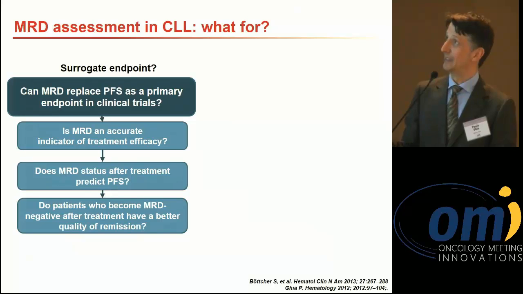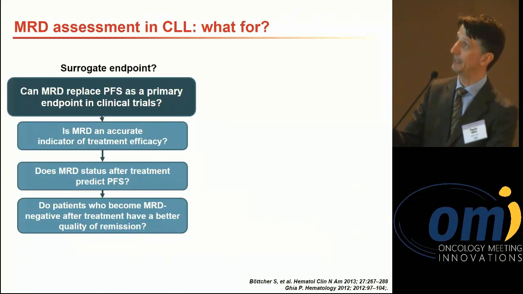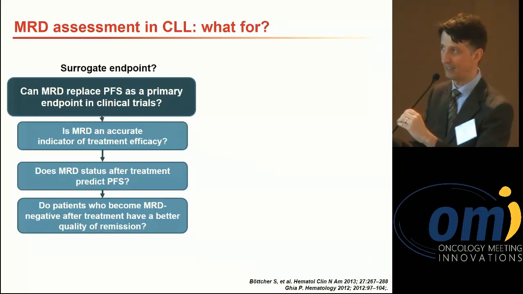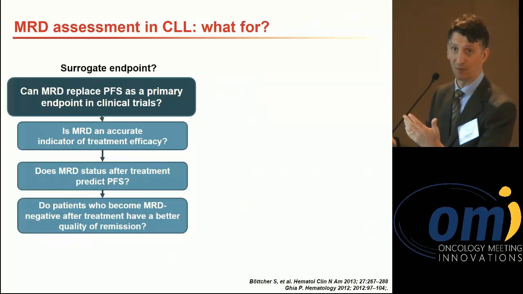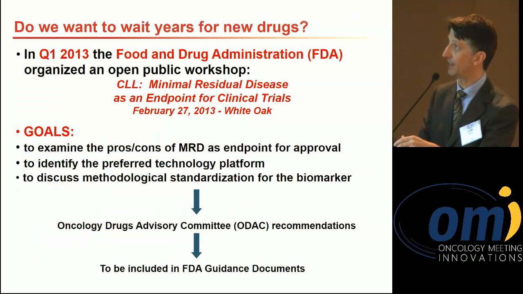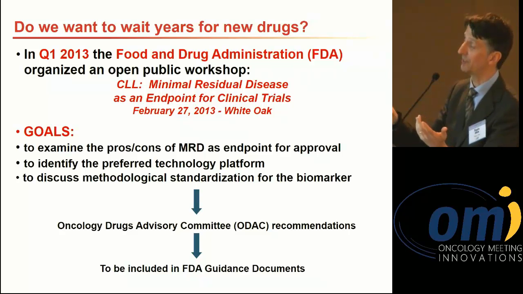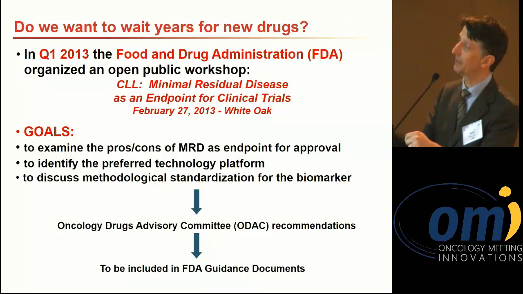So why would we want to assess MRD? Of course, because that could be a surrogate for our studies for the PFS, and probably also for overall survival, because that's what we learned from the immunochemotherapy results. The FDA started considering this almost 3 years ago. We had a meeting close to Washington.